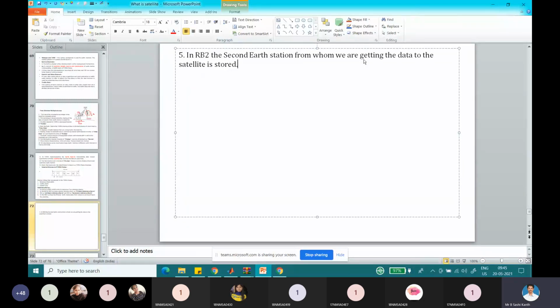Okay. So in RB2, the secondary Earth station from whom we are getting data to the satellite is stored.